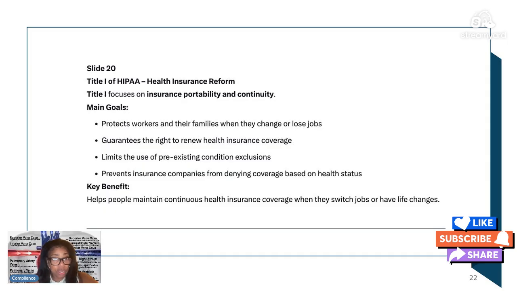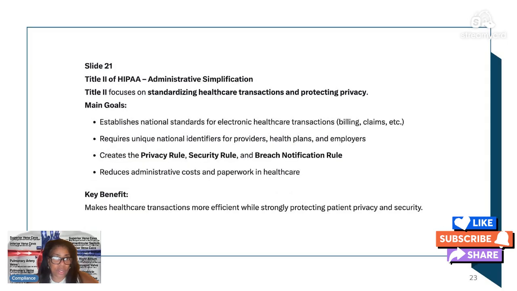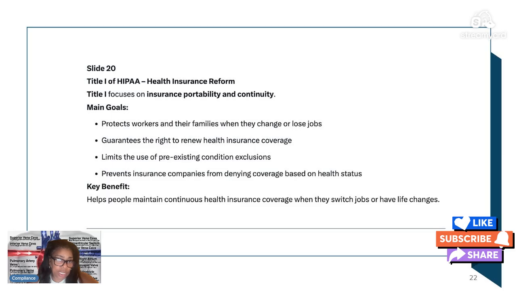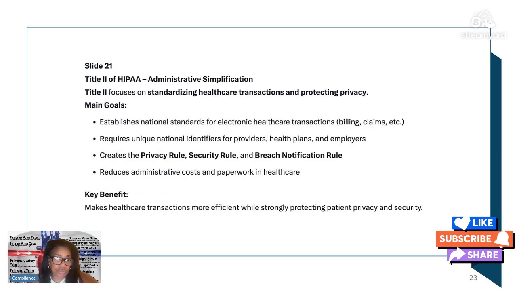You hear it, HIPAA, but the detail of it is a little bit trickier. I'm not going to go through it. You can go back over this slide. Title 2, same thing. I want you to go over everything. Administrative simplification, I put it at the top so you should know. Title 1, HIPAA insurance form. You want to read that. Title 2, HIPAA administrative simplification.